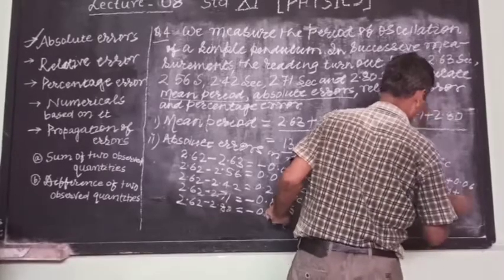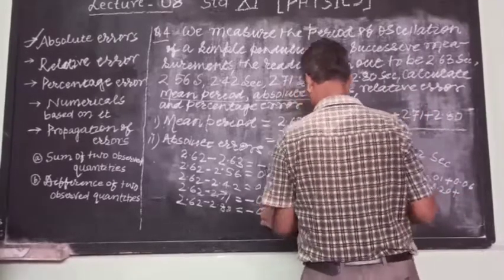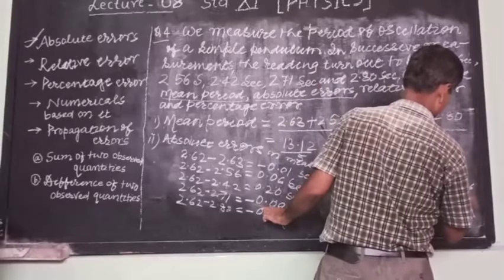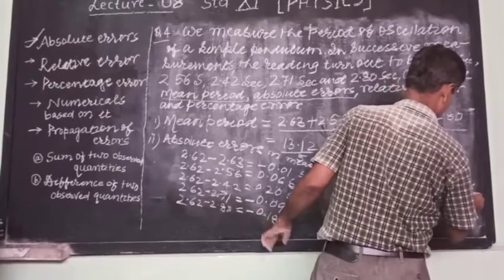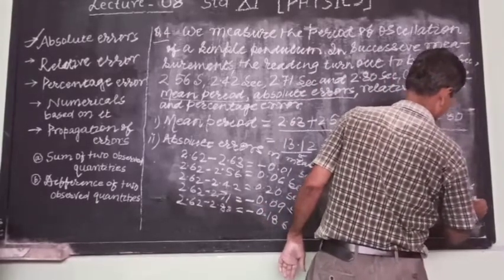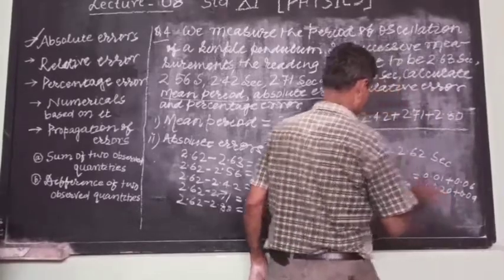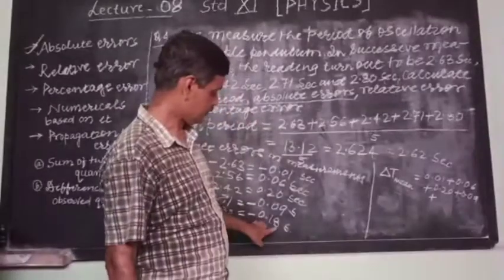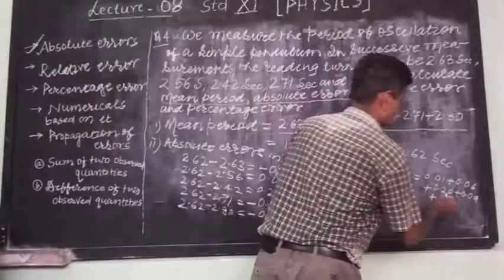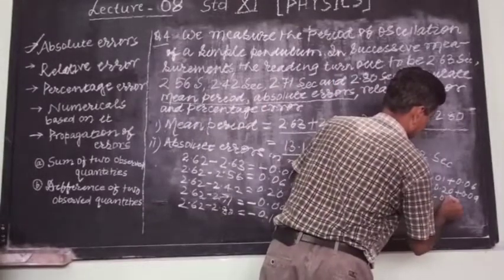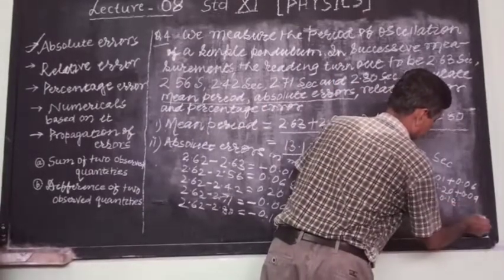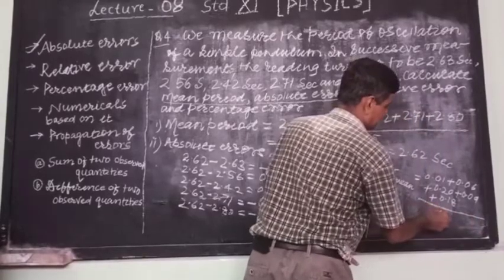This one is negative, but its magnitude will be 0.09, and last is your 0.18. All divided by the overall 5 observations.